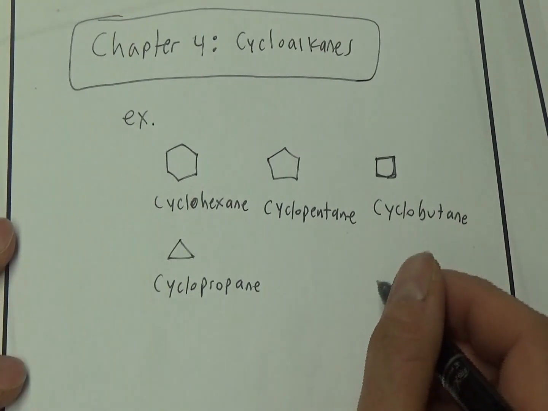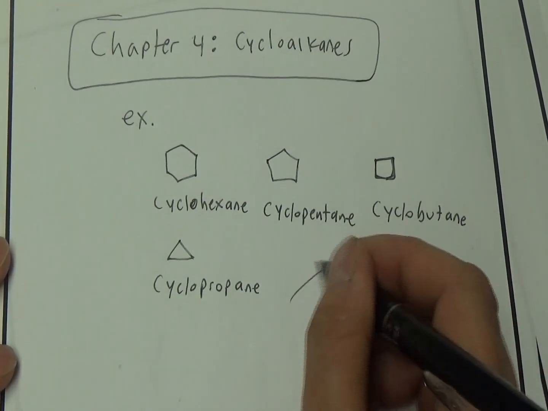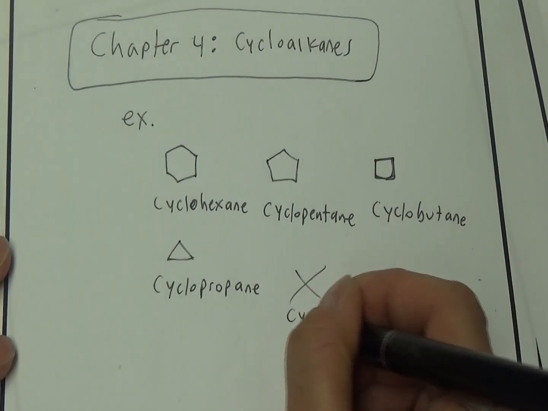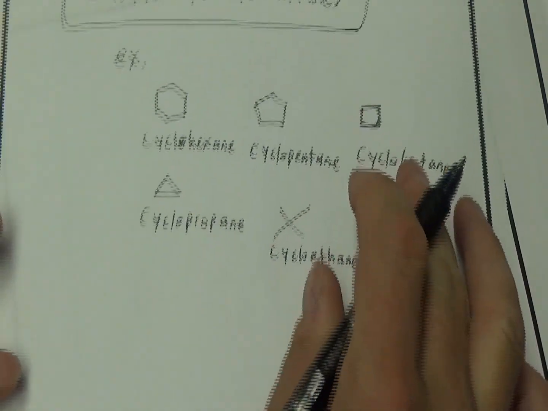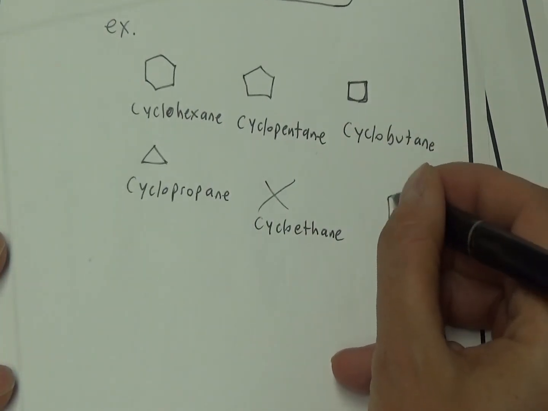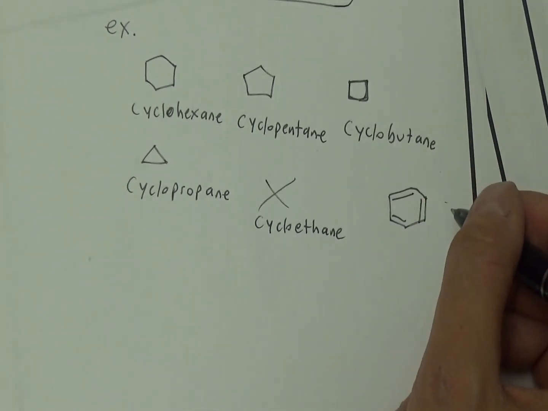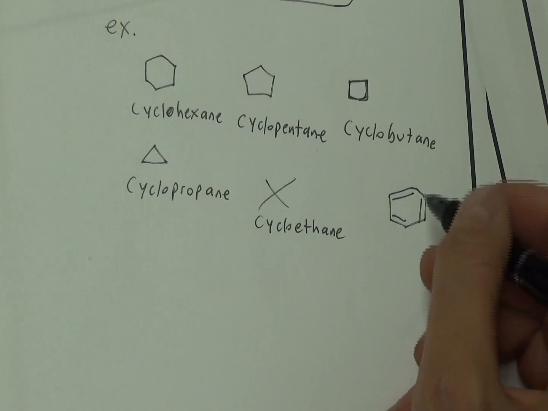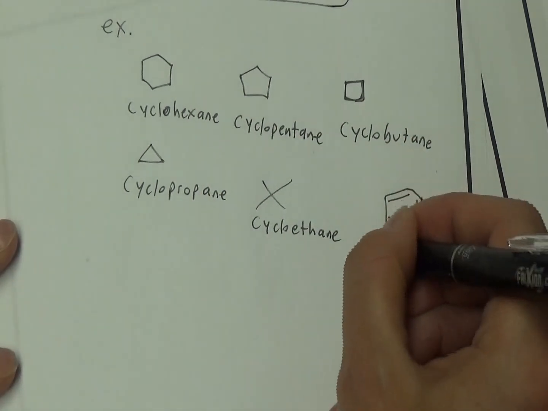What do you think cycloethane would be? There's no cycloethane, so you need at least 3 carbons to be a ring, of course. What is this weird molecule that we've seen a couple times? It looks like a cyclohexane with some double bonds in it, but it's called benzene.